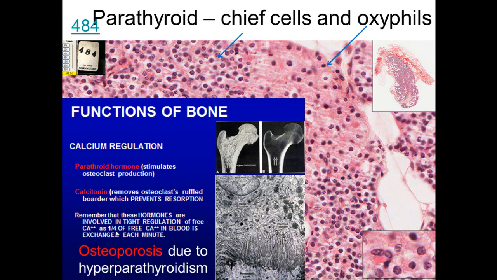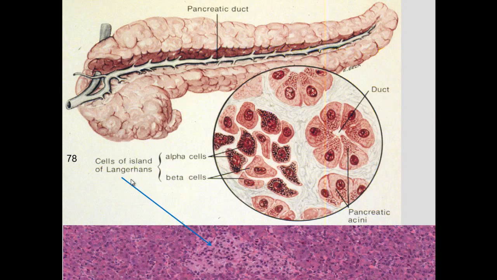And so every minute, 1/4 of the free calcium is exchanged with the bone. So there's a dynamic situation. Sometimes hyperparathyroidism causes osteoporosis because it has too many osteoclasts. It breaks down the bone faster than it can be remodeled.